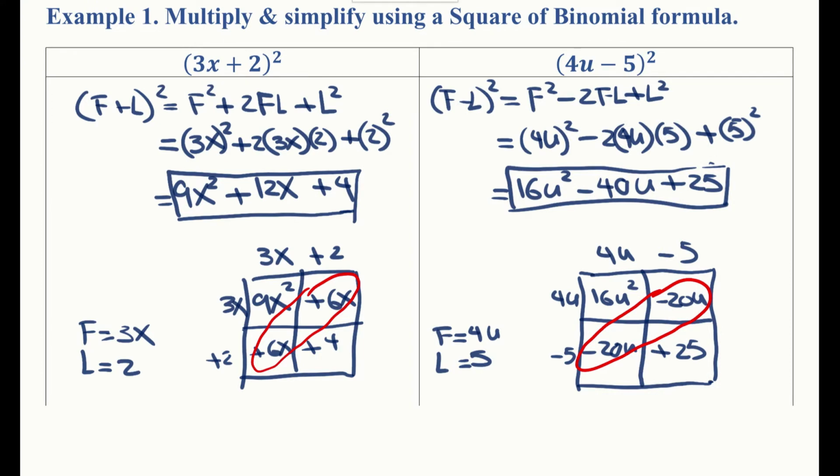Real quickly before we go away from this problem, however, I want you to always be aware of the error, which is one of the most common errors in mathematics, which is to see the square of a binomial like the quantity f plus l squared and saying that's equal to f squared plus l squared.